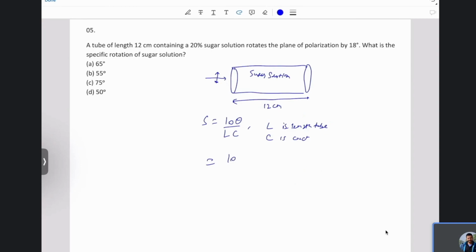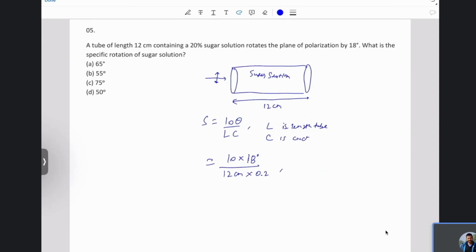So theta is given here, which is 18 degree, and we'll get the value in degree, and the length is given as 12 centimeter. So 20% sugar solution means the concentration is what? 0.2, right?